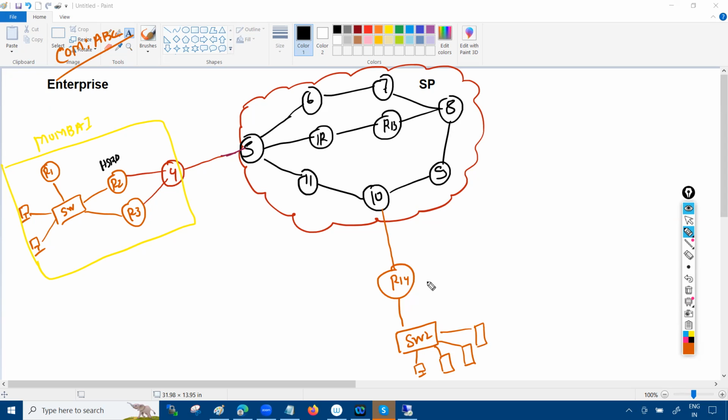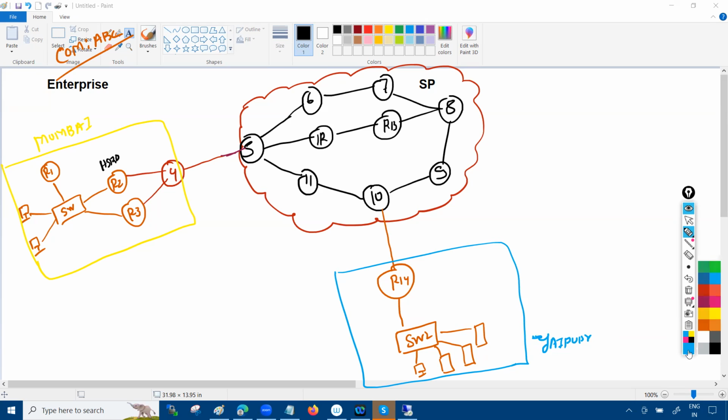It is a small network, a small location. Assume this is in a very small city, Jaipur, where we have only a few people. So that's fine.